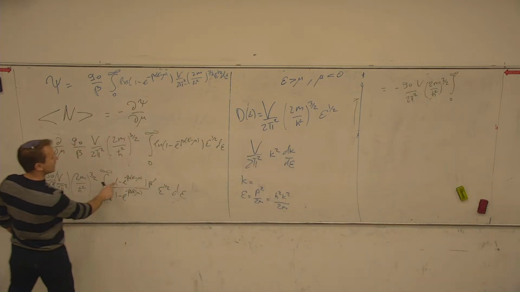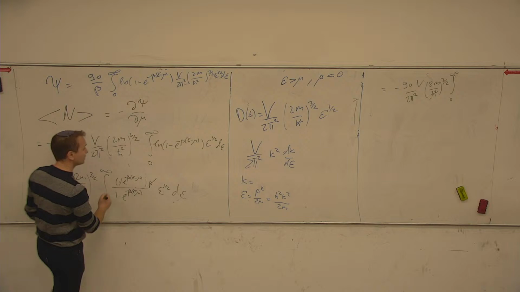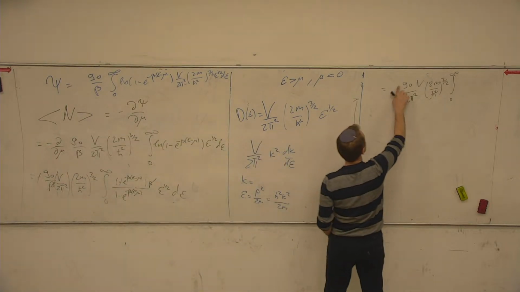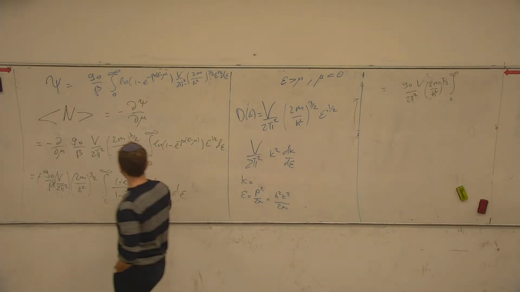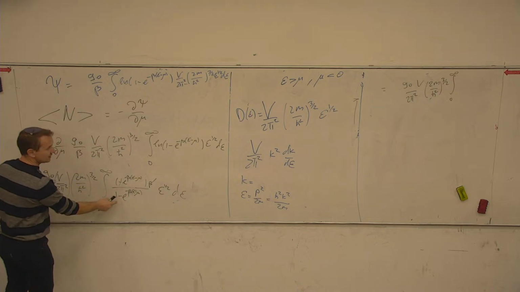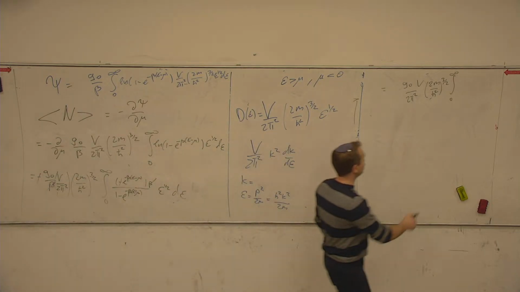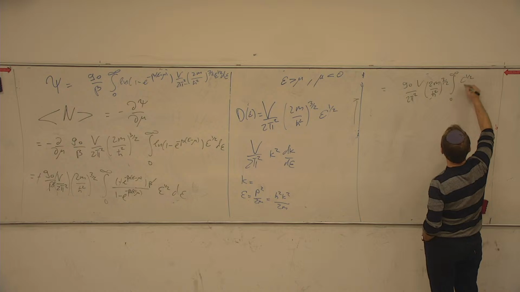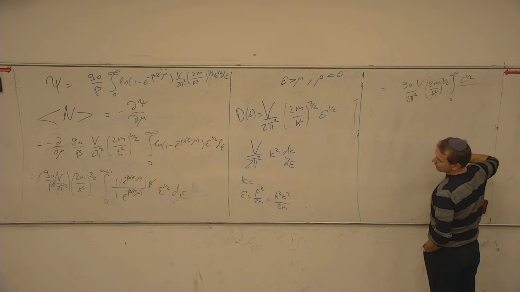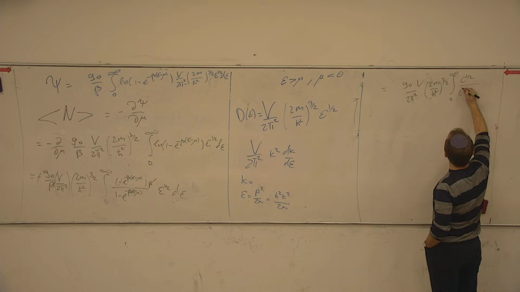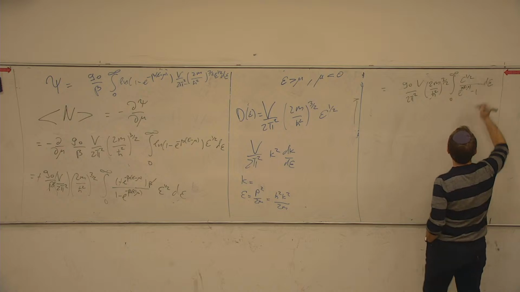The minus is cancelled out too, this and that, so we don't have a minus. And I want to take this exponent and put it inside the denominator. And I have epsilon to the 1/2 divided by e to the power beta (epsilon minus mu) minus 1, d epsilon.